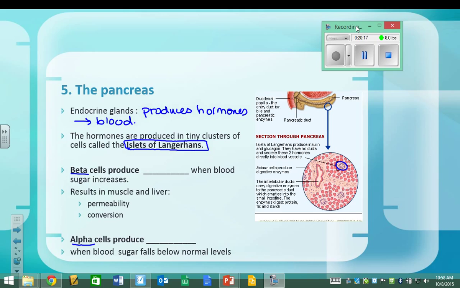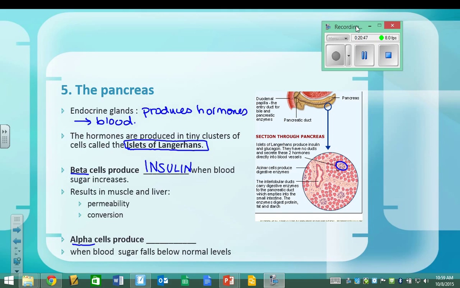Beta cells are the ones that produce insulin. Even though alpha technically comes before beta, I'm mentioning beta first because insulin is usually the thing that people are familiar with. When blood sugar increases, your body produces insulin, specifically the beta cells in your pancreas.